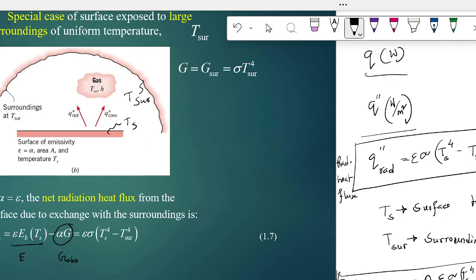So is this the same equation that I wrote here? What about this alpha? Do I have any alpha here? Technically it is not the same equation, but I'm claiming it's the same equation. But in order for these two equations to be the same, this alpha should be equal to epsilon. Is it clear? So the emission should be equal to the absorption. You understand that? It is a perfect black body, but we can assume this for any gray surface.